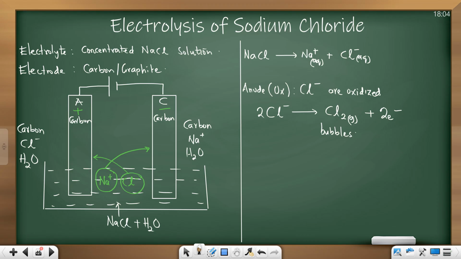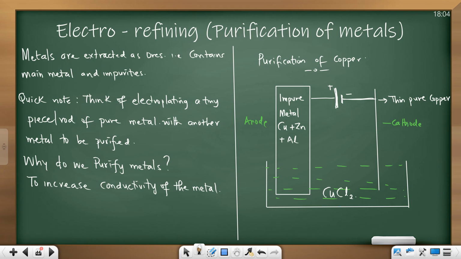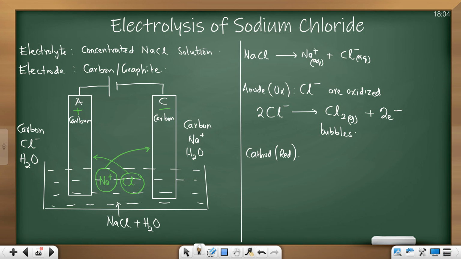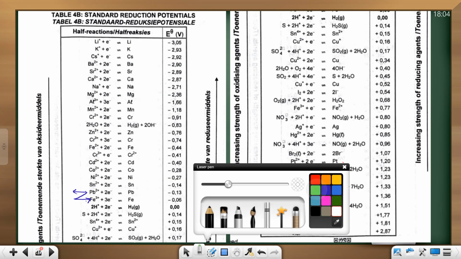Okay, now, at the cathode, what's going to happen? Reduction. Let's go back to our table. We are now comparing water. Carbon is out. Carbon is completely out, right? What do we have? Sodium ions and water. Check it.